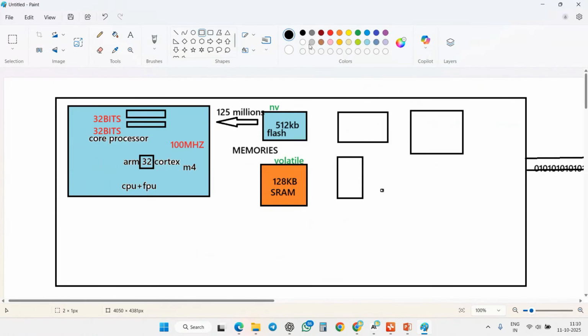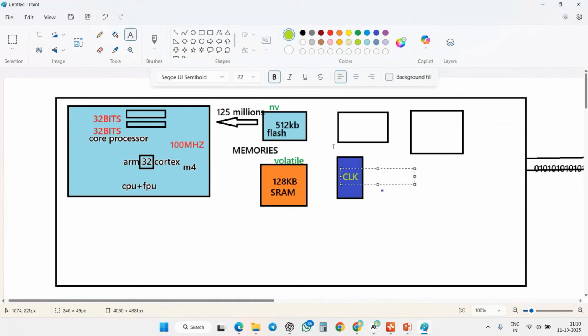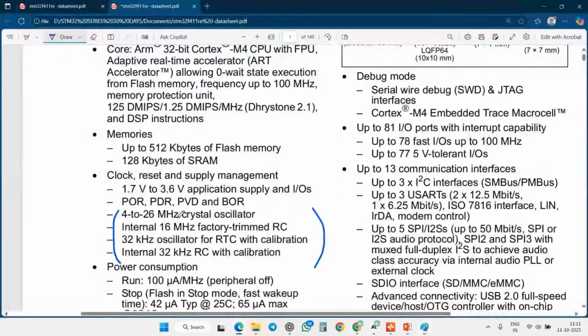So I have clocks inside this one. This is called a clock. The clock is going to be provided. But what is the range of this clock that it can provide? Here they have mentioned it.